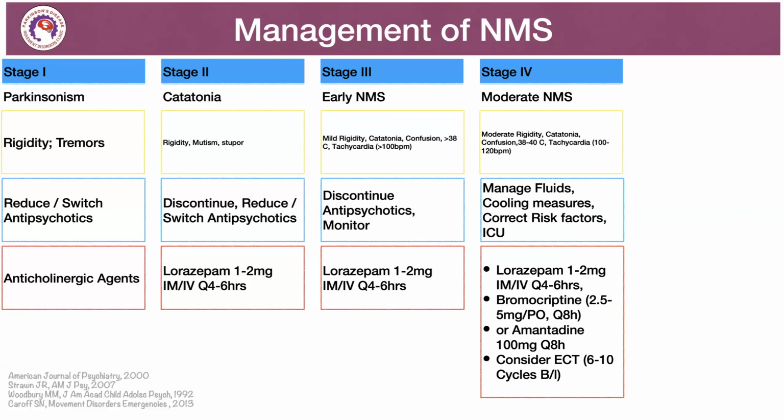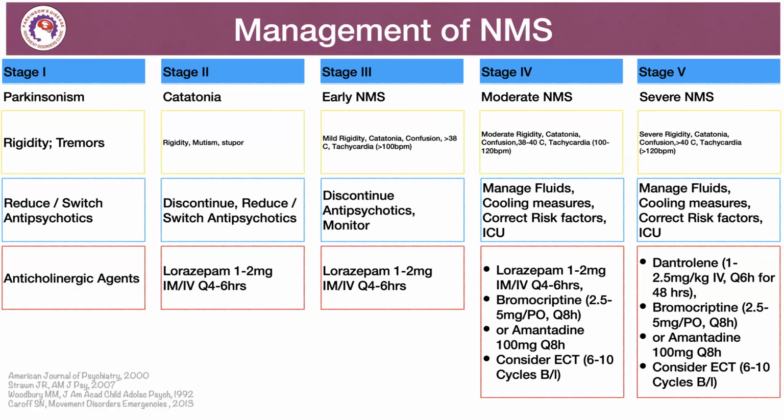Subsequently, when patients develop moderate features of NMS, they develop severe catatonia and have higher tachycardia and higher body temperatures. This requires aggressive treatment, including good fluid management, cooling measures, and, in addition to benzodiazepines, considering bromocriptine or amantadine, or in certain cases, electroconvulsive therapy.